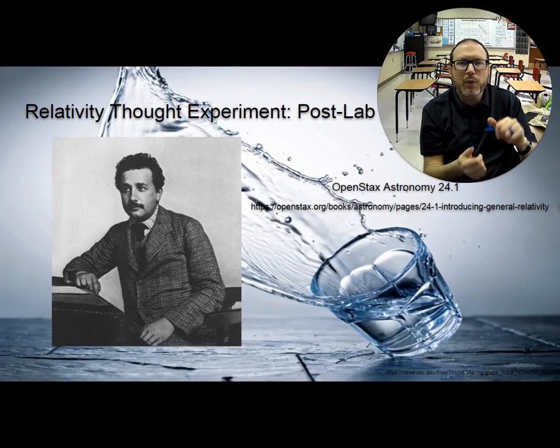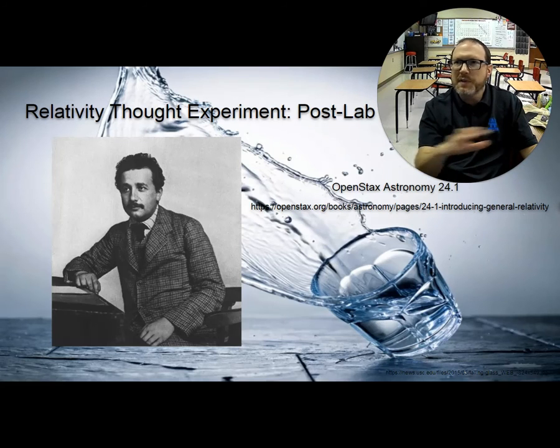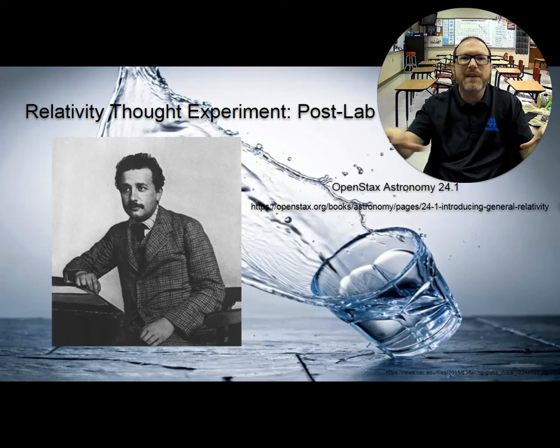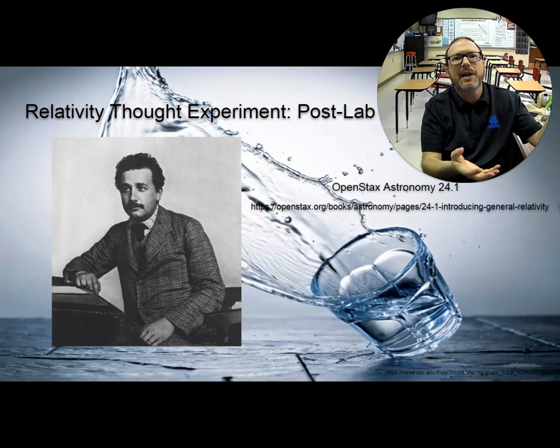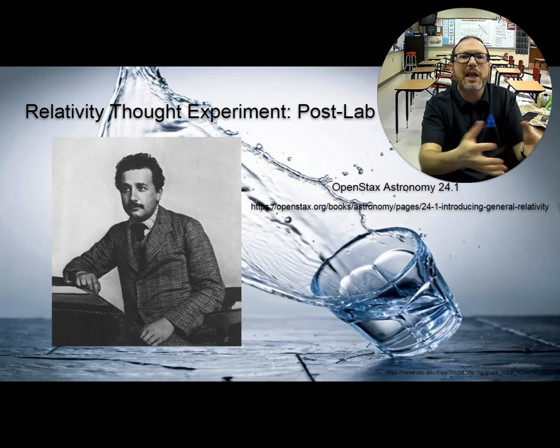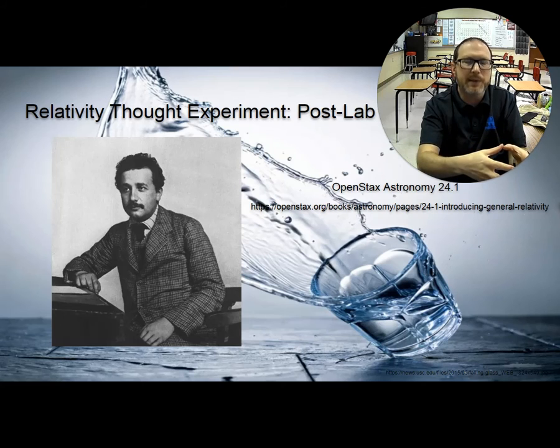And so he envisioned, what if gravity is not a property of matter? What if gravity is a property of the universe? And that in all of space and in all of time, it has basically a field of gravity. And objects that have mass tend to warp or distort that field and kind of change the shape into a curve around it.